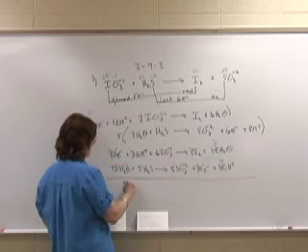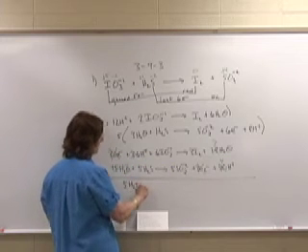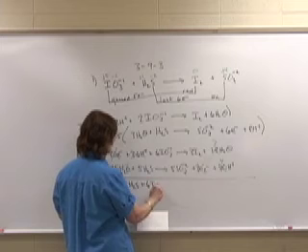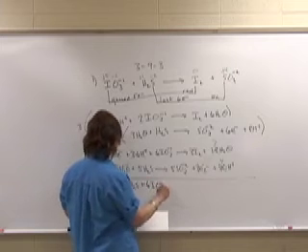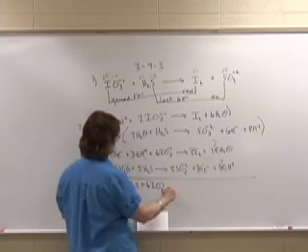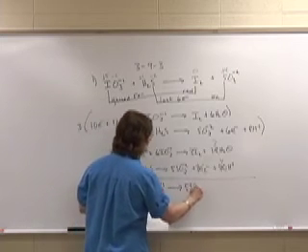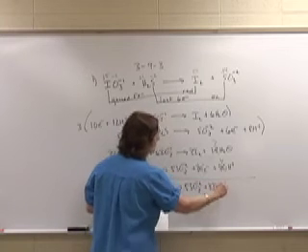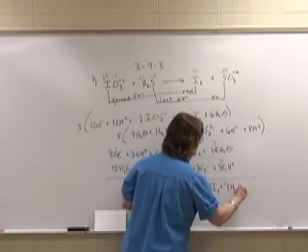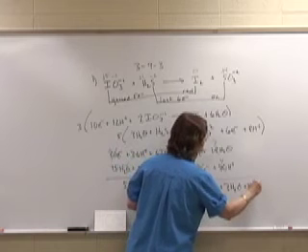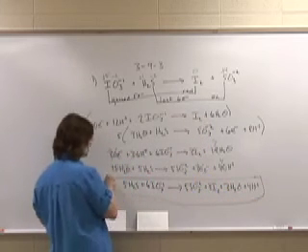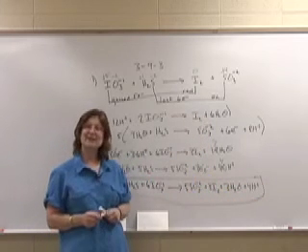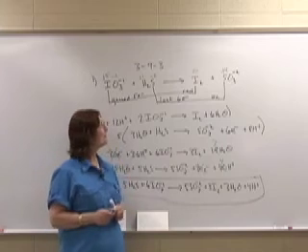And I have 5H2S plus 6 iodates. And that gives me 5 sulfites, 3 iodines, 3 waters, and 4 hydrogen ions. And that is the lowest ratio, and therefore that is my final answer for number 1.